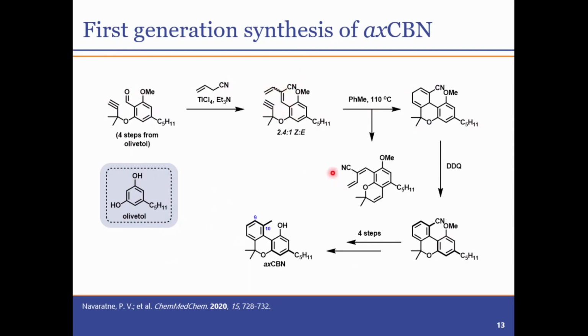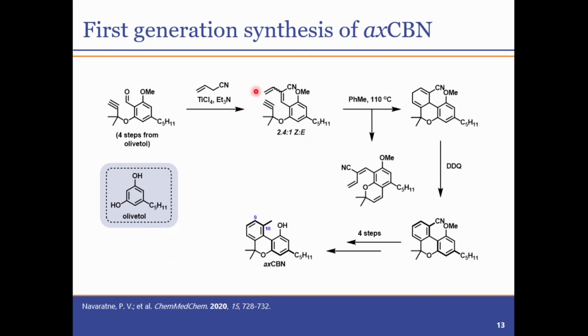And so instead, what you obtain is this coumarin product, or sorry, this benzochromene product, resulting from a different kind of chemical reaction. This is one of the liabilities of chemical synthesis: you set out to synthesize a particular target molecule as drawn here, but there are multiple outcomes in your reaction.